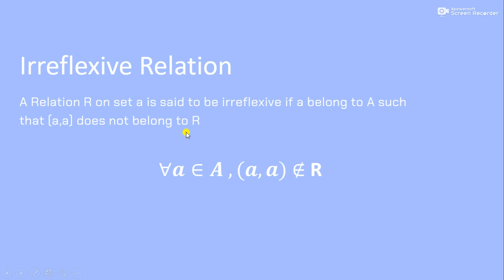If the relation doesn't contain any reflexive element, then the relation is said to be irreflexive. This is the mathematical definition of irreflexive relations: for all a belongs to A, (a, a) does not belong to R, so we don't need to include these reflexive pairs in R.